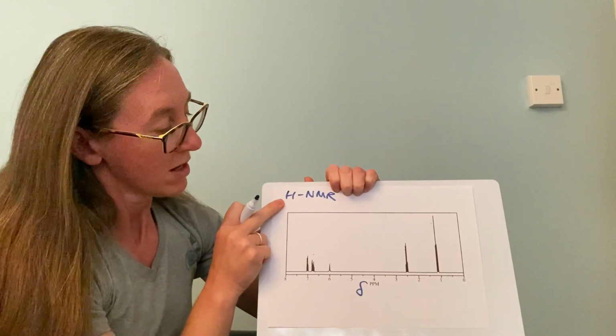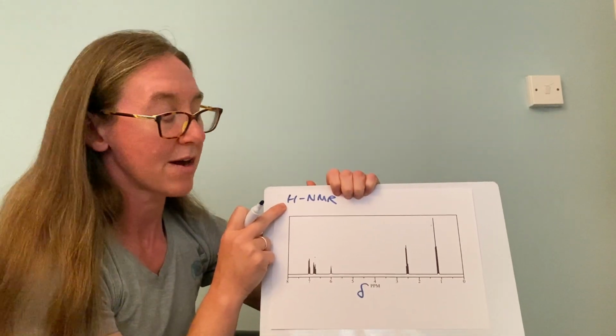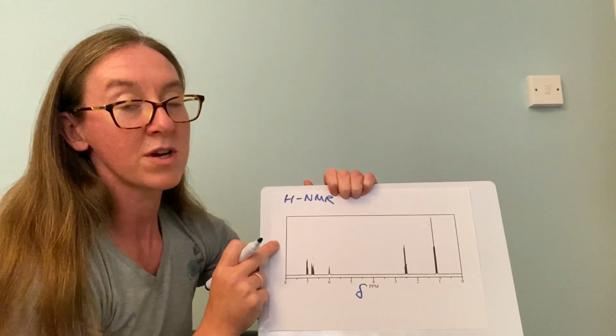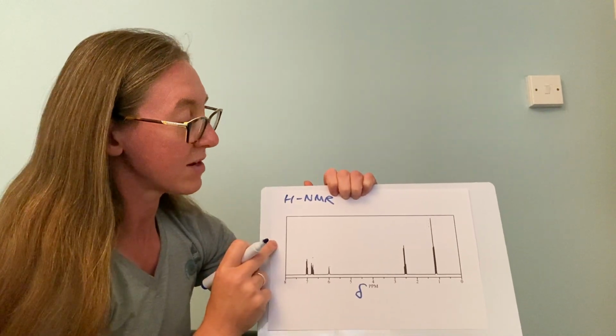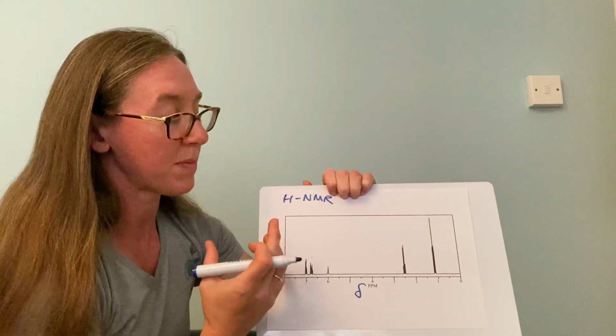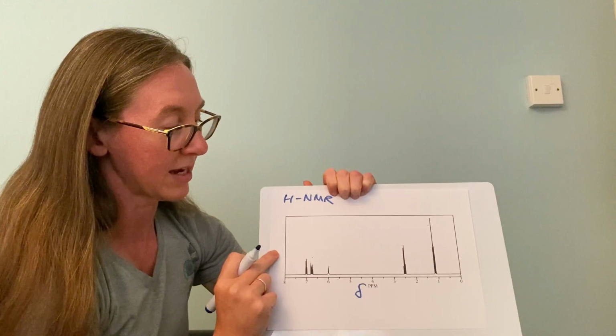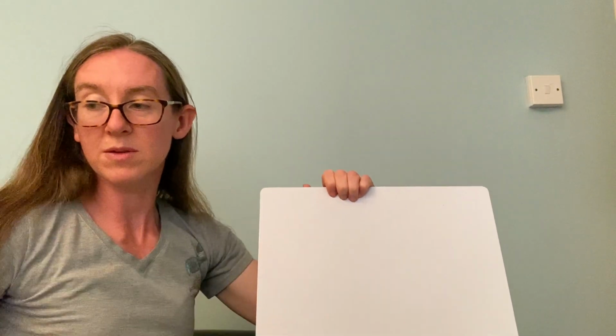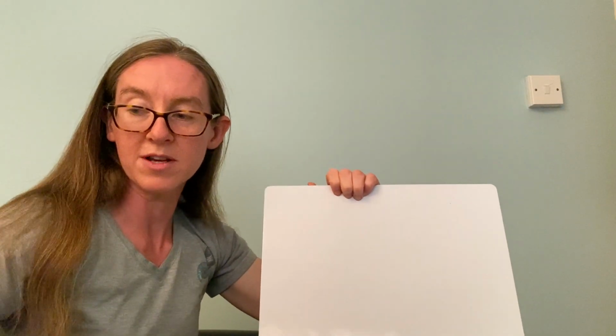And this type of NMR tells us about the hydrogens in a molecule, and we'll spend quite a long time doing this because it tells you an awful lot about your molecule. It's one of the most powerful analytical techniques. So we'll come back to that one. Okay, so that was a brief overview of the different types.